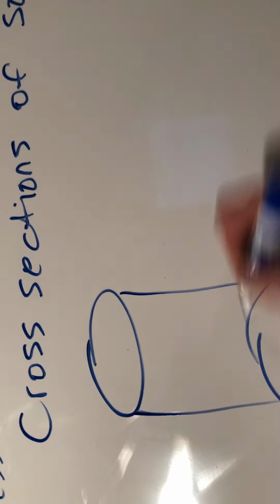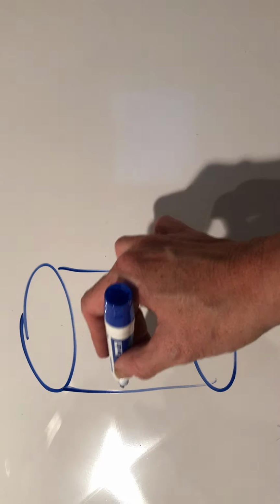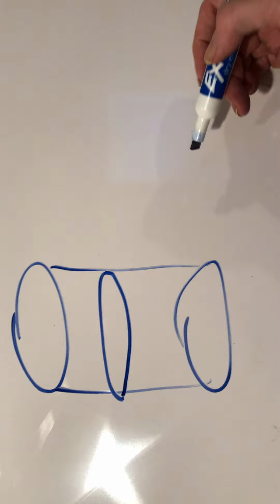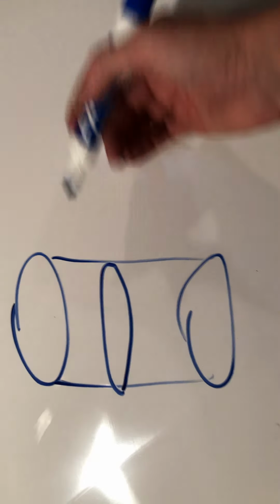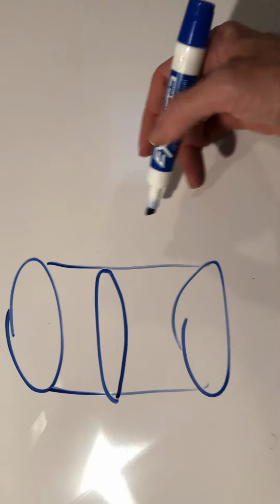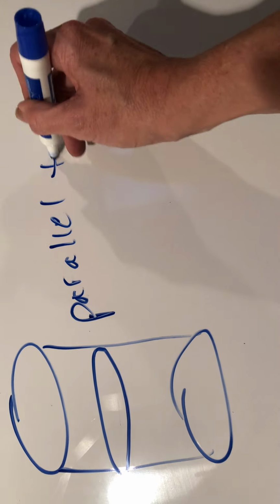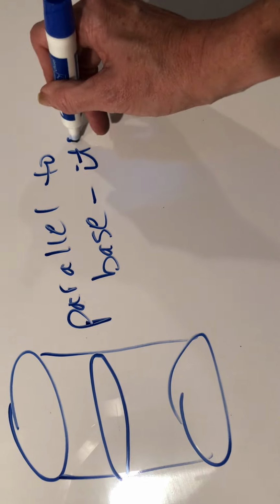So this is a cylinder. And then a cross section is just what it sounds like. Like if you come here and you cut across it with a sword or a knife or something, this would be a cross section. When it's parallel to the base, it's the same shape as the base.